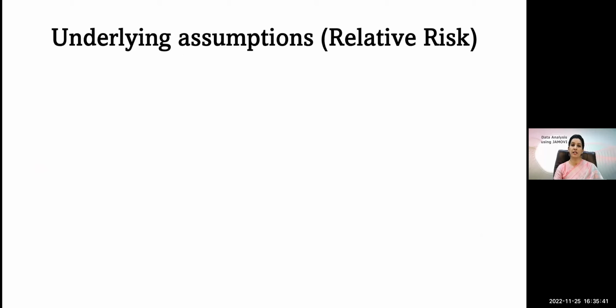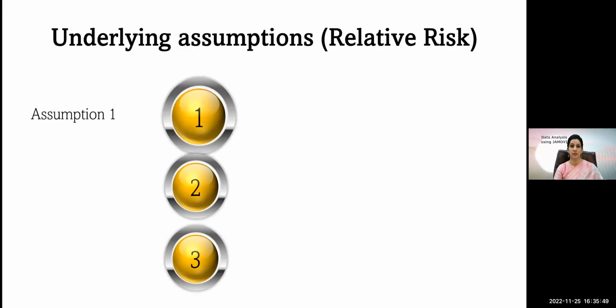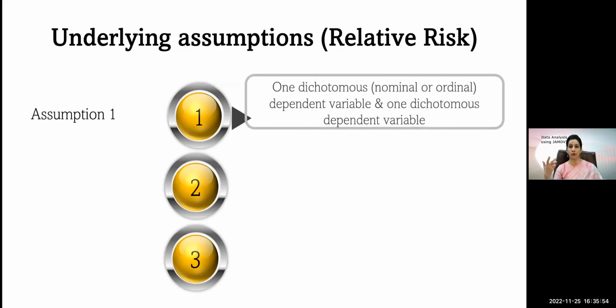So there are some underlying assumptions, like the underlying assumptions we have tested for the chi-square. For relative risk also, there are some underlying assumptions. The first assumption is that it should be a dichotomous variable. All these, relative risk and odds ratio, are applicable only in a 2x2 table through this option.